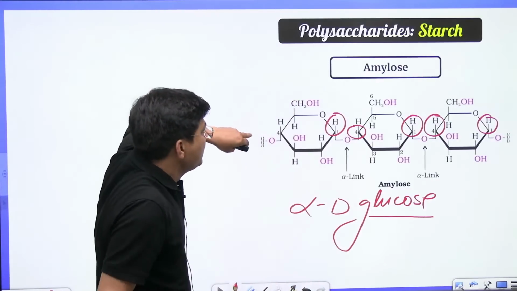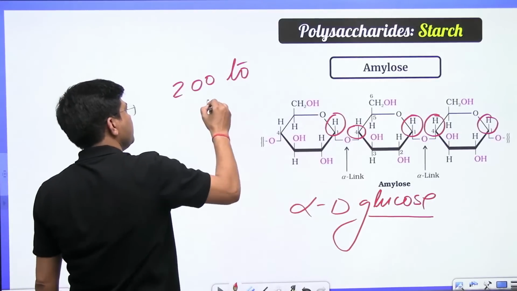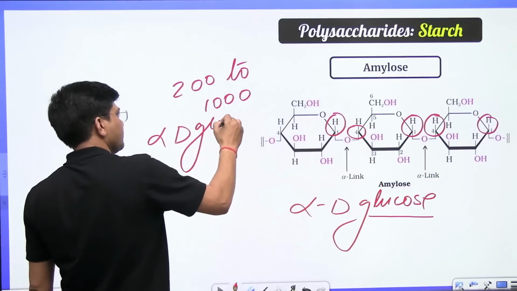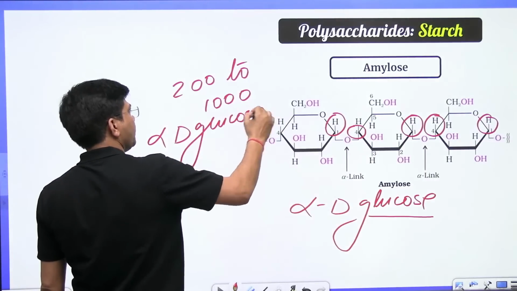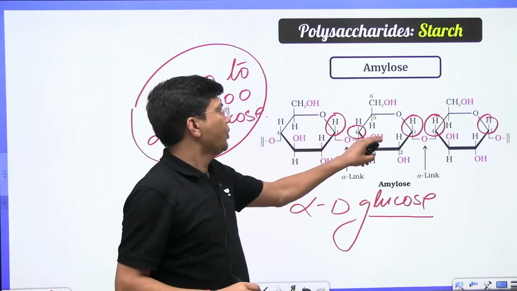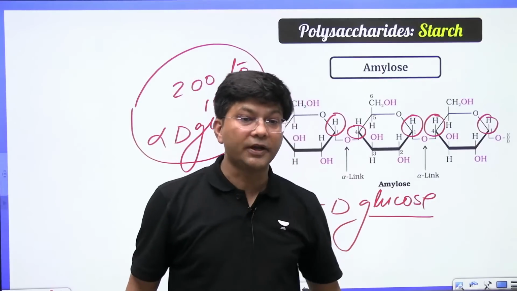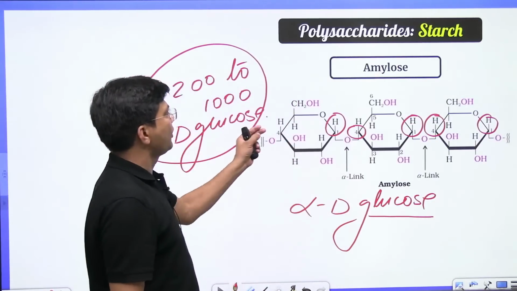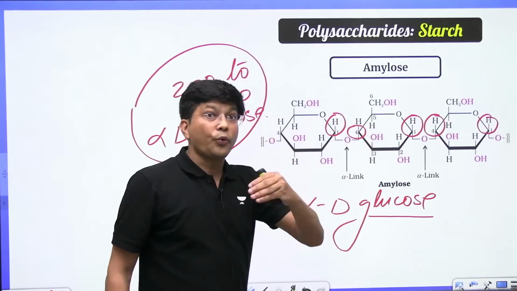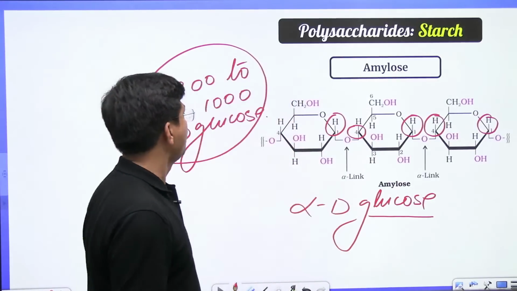That means 200 to 1000 alpha D glucose units are forming a bond, so none of the first carbon is free. Is this clear to all of you, that no first carbon is free to react with Tollens or Fehling solution? That's why it is non-reducing.